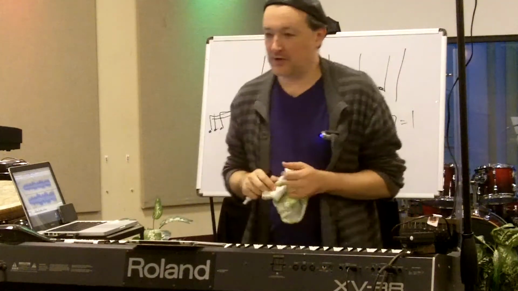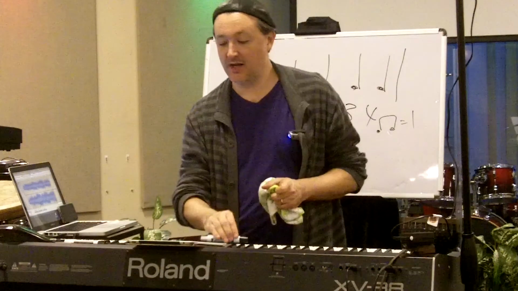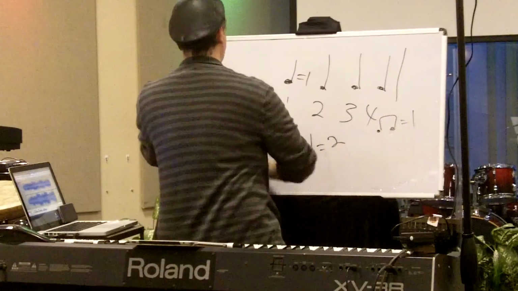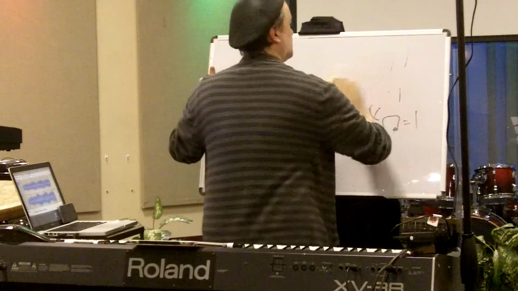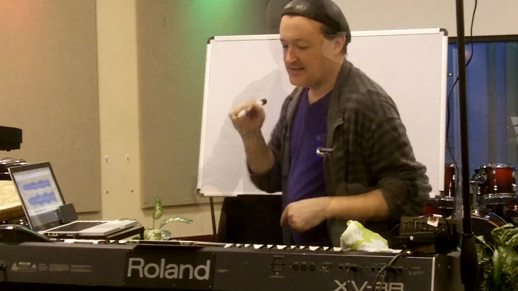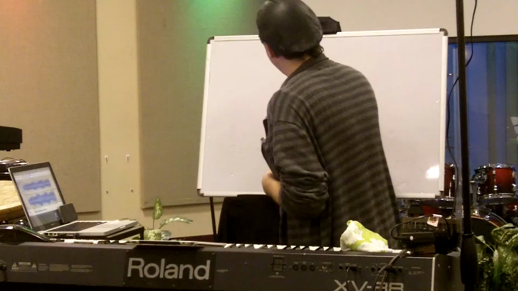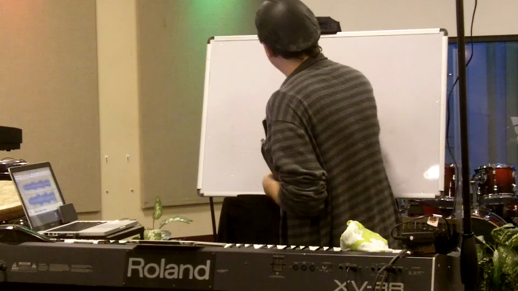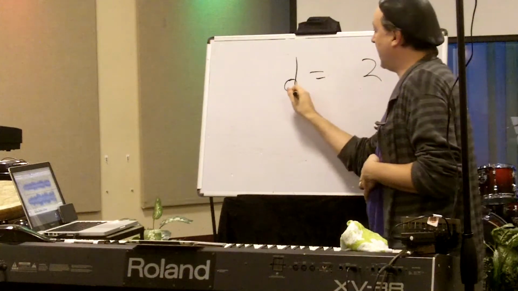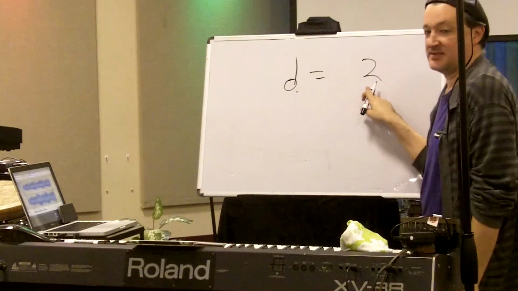Okay, so true or false, number 6, true or false, dots are used to lengthen a note to 1.5 times the note length. True or false? You say true. Grant says true. It says dots are used to lengthen a note to 1.5 times the note length. Now, if I have a half note equal 2, if I add a dot, I'm going to add half of whatever this is to it.